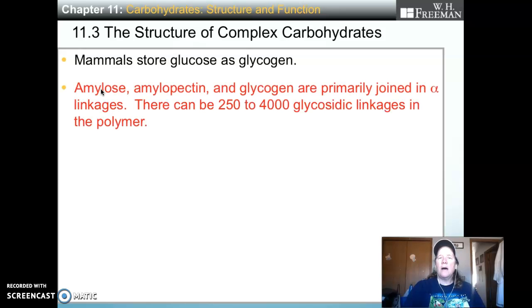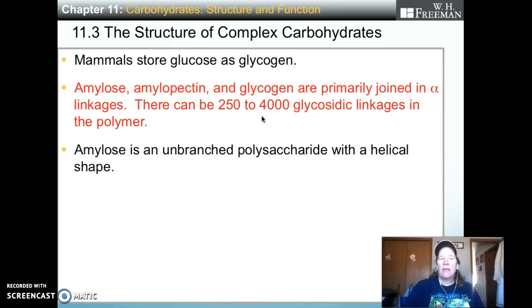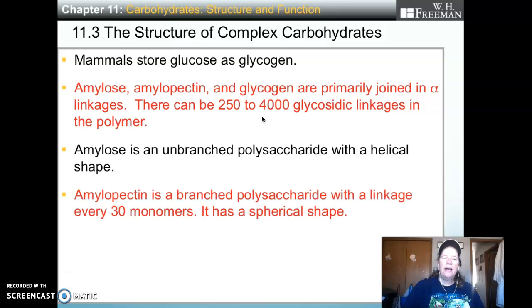If you look at the plant ones, the amylose and the amylopectin, those are the two starchy ones, and glycogen, they're formed with a lot of alpha linkages. That's not a big deal. What you need to know is there's 250 to 4,000 glucose molecules stuck together in these polymers. So there's a lot of them. Amylose is unbranched and it's got a helical shape.